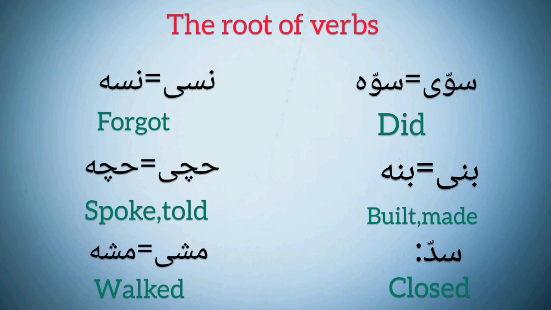Then سوى. سوى means did. He did. The last letter of سوى is alif. But it's written سوي. Then بنى. بنى means built or made. And the last letter of it is alif. Then سد. سد means closed.